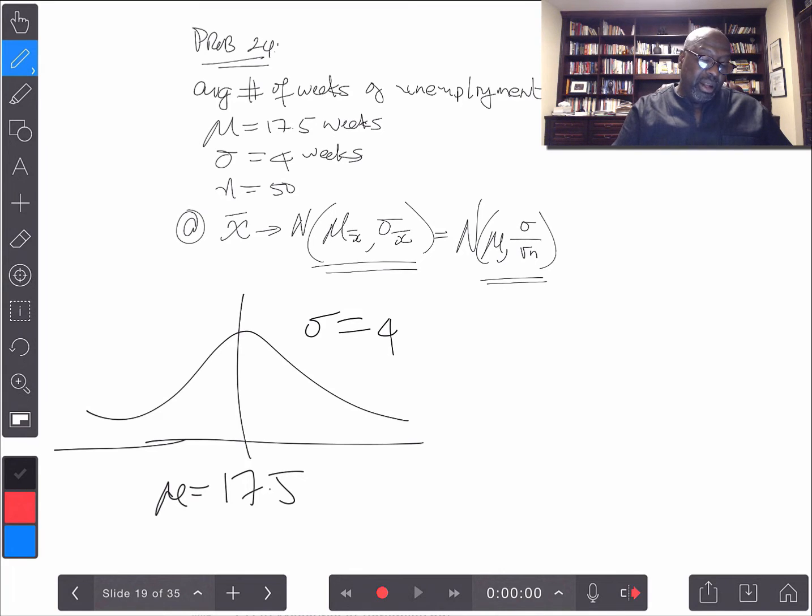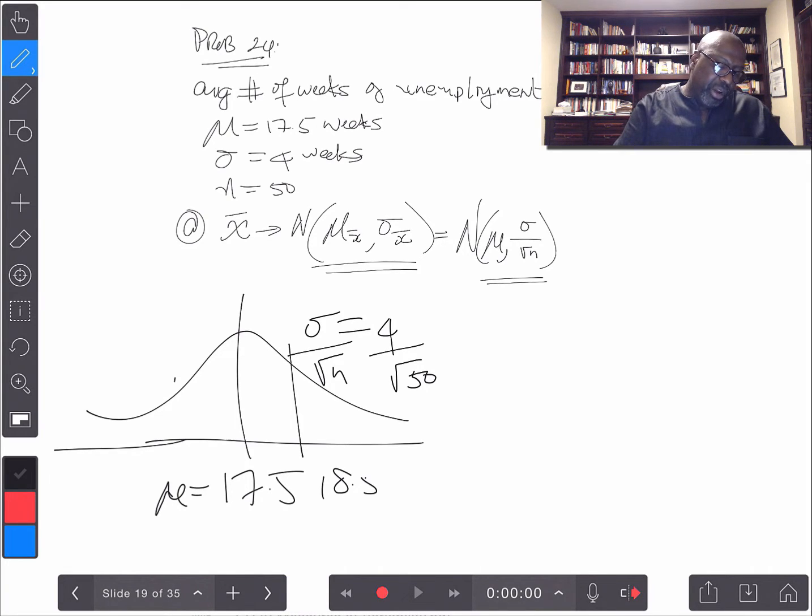So X bar must be within 1 week. Since we're talking about the sampling distribution, I need to put sigma over root n, which means this is 4 over root 50. The means are the same. Within 1 week: if I add 1 week, that becomes 18.5, and if I subtract 1 week, it becomes 16.5.